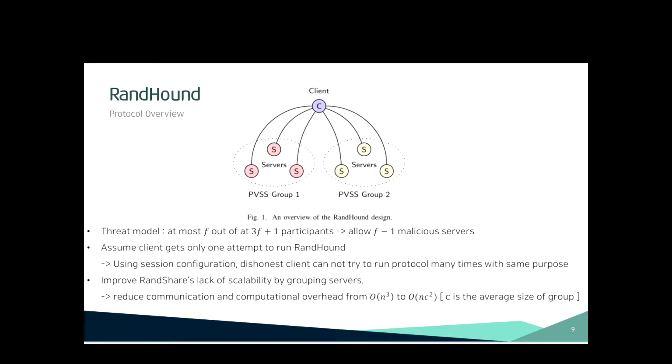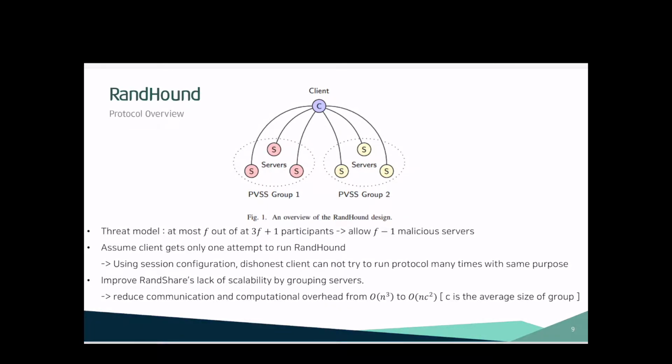Now we talk about RandHound. This is a client and server model, and the client requests a random value from servers. It allows f malicious servers, and we assume that clients get only one attempt to run RandHound. Using session configuration, a dishonest client can't try to run the protocol many times for the same purpose.